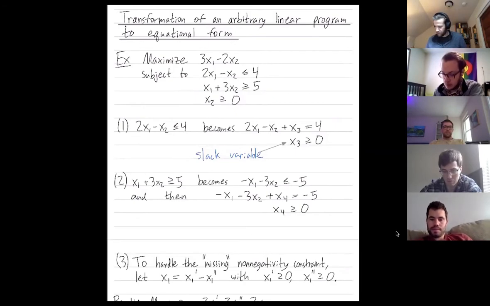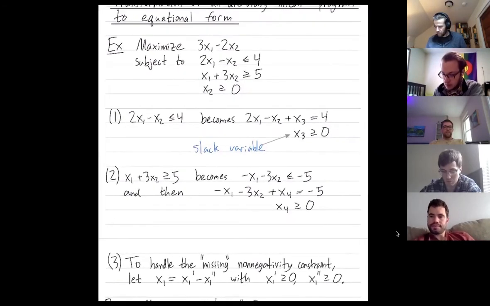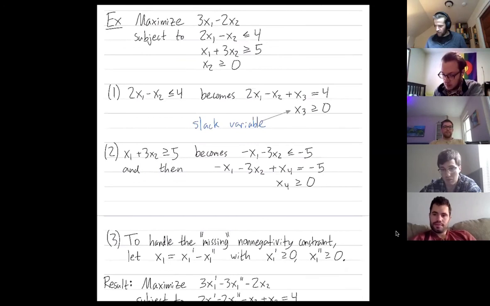Here's how we do it. We're going to write x1 as the difference of two non-negative variables. I'm calling them x1 prime and x1 double prime. Both are going to be non-negative. So if x1 were positive, let's say x1 were equal to 3, you could just simply let x1 prime be 3 and x1 double prime be 0.